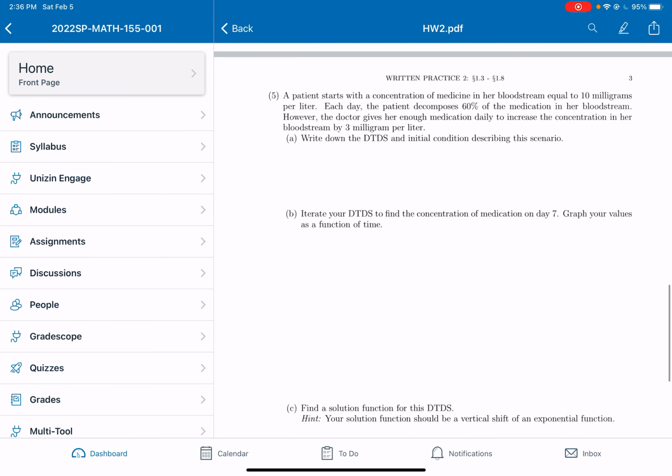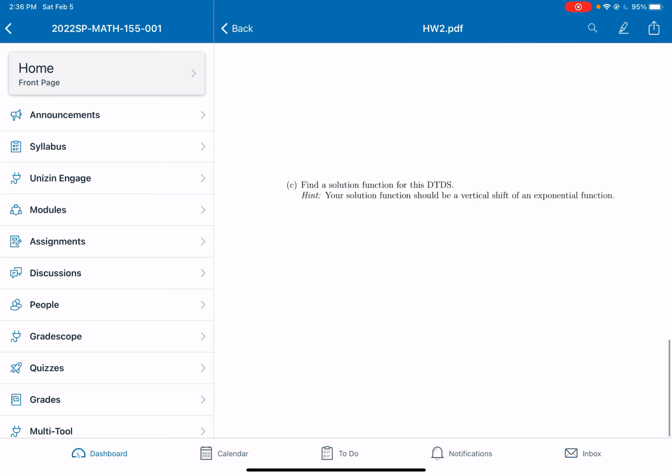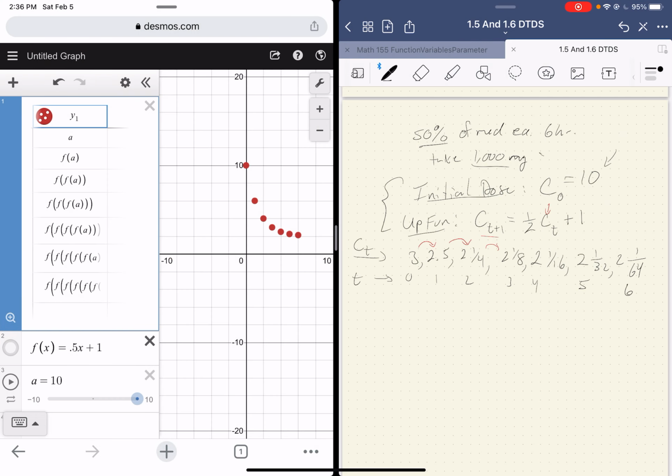And oh, he says on day 7, so I suppose I should do one more iteration, but day 6 is good enough. All right, now find a solution function. Okay, so this is where things get really sneaky. Now, since our updating function has this constant multiple of 1/2, that for kind of deeper reasons is letting us know about our solution function.